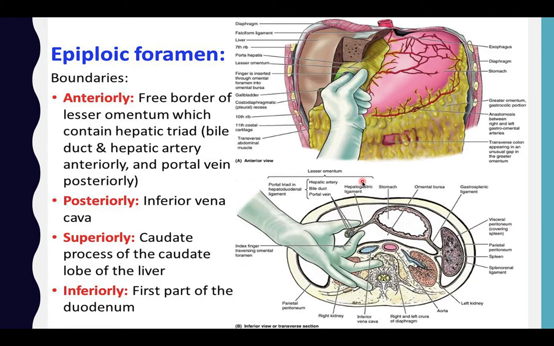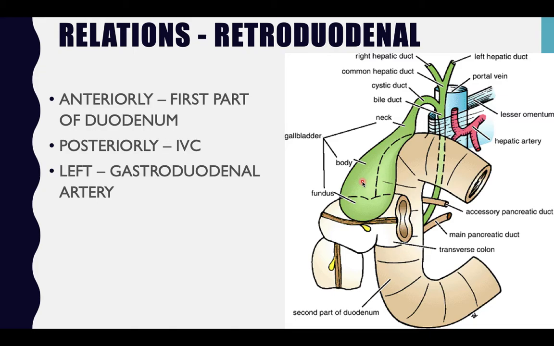So this information we have already discussed, the boundaries of the epiploic foramen. So we'll move to the further slides. Coming to the relations of the retroduodenal part, meaning the part which is behind the first part of the duodenum, as the duct descends, it descends behind the first part of the duodenum. Anteriorly it has the first part of the duodenum itself, and posteriorly the inferior vena cava.